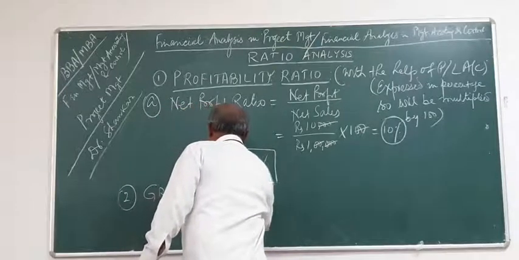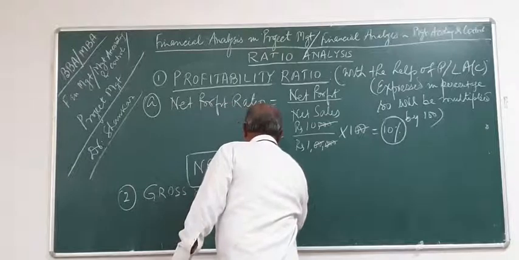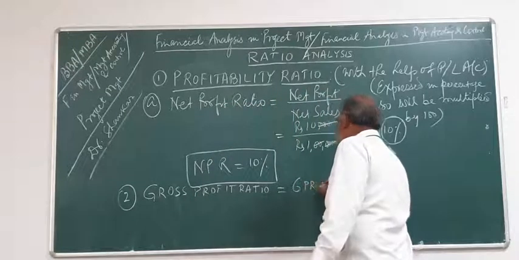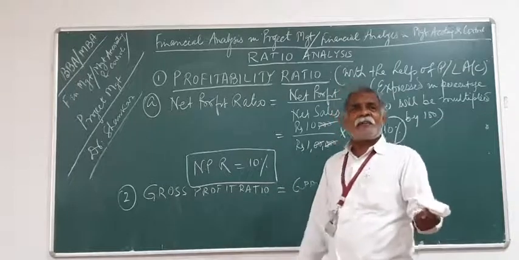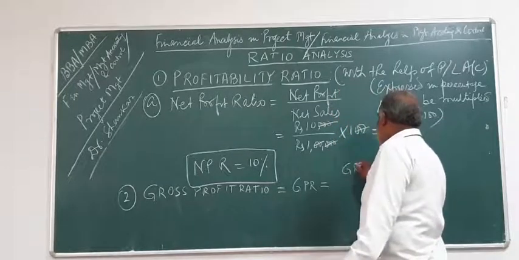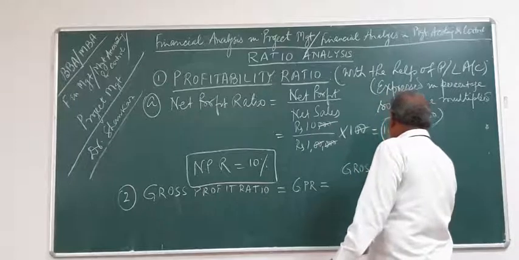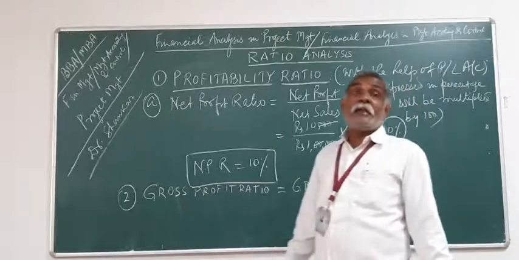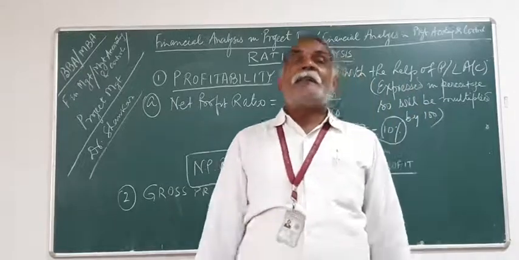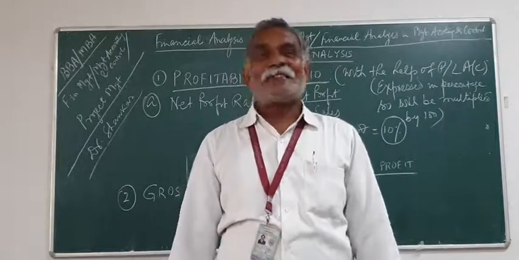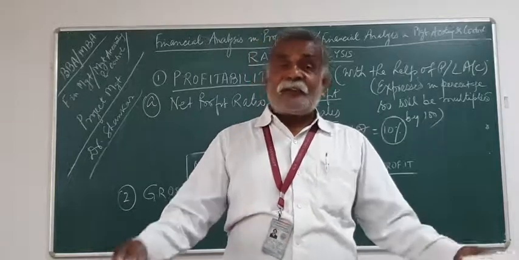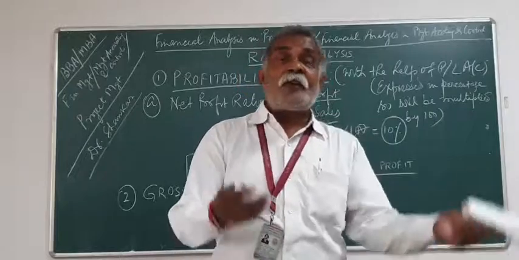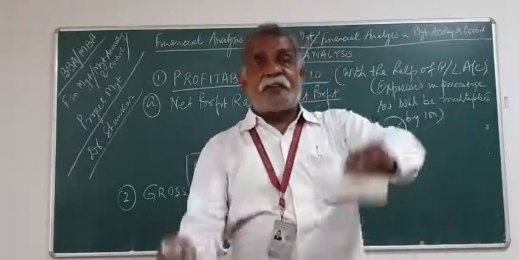Gross profit ratio. Again, very easy. Gross profit divided by what? I already told you, all profitability has a relationship with sales. So net profit divided by sales. Gross profit divided by sales. Cost of goods sold divided by sales. Administrative expenses divided by sales.